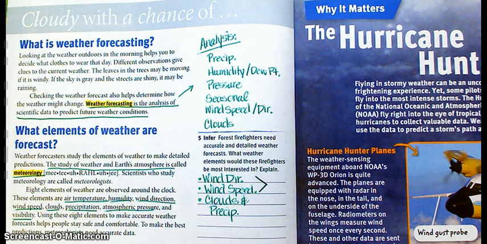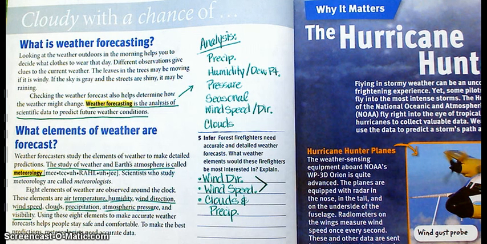Okay, so the 8 elements are air temperature, humidity, wind direction, wind speed, clouds, precipitation, atmospheric pressure, and visibility. Okay, we use these 8 elements to make accurate weather forecasts so that we can help people stay safe, comfortable, and make decisions about what they're going to do and where they're going to go, things like that.